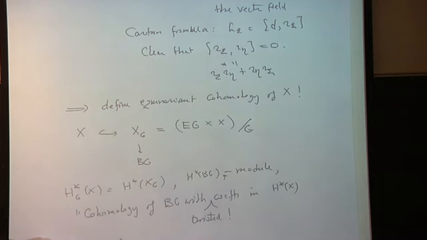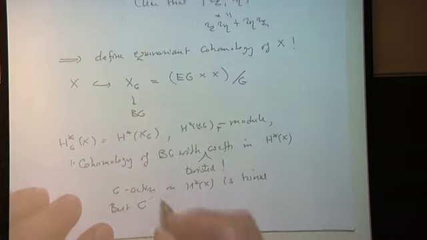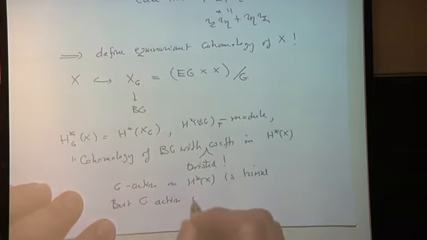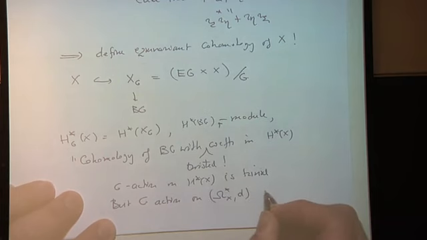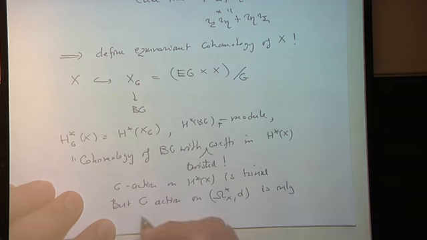So the G action is non-trivial. The G action on the cohomology of X, of course, literally is trivial, but the G action on the cochains on the de Rham complex is only homotopically infinitesimally trivial.